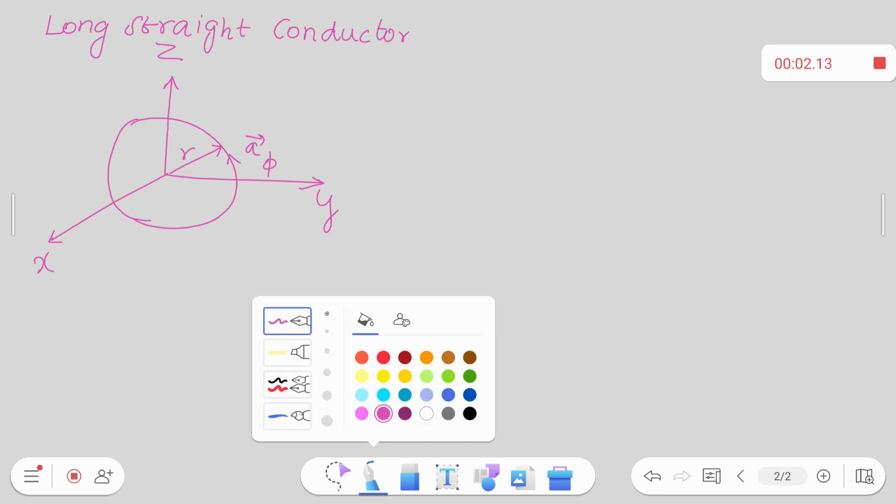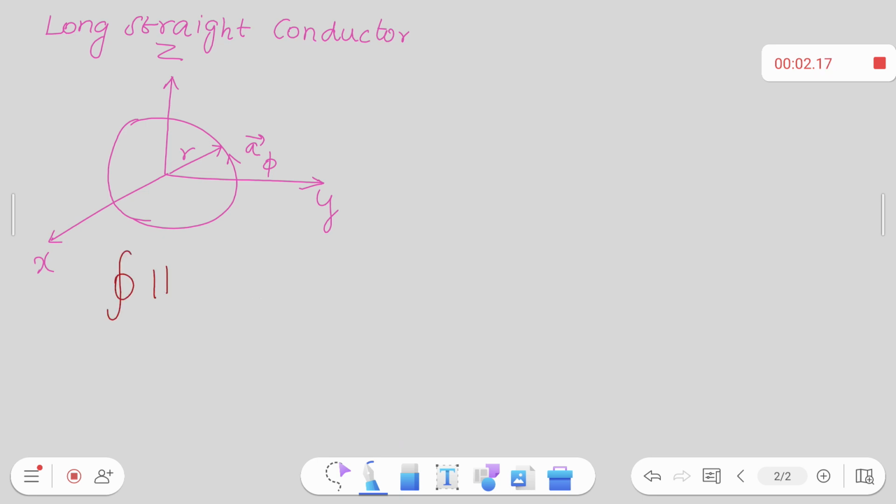So we know the statement, Ampere Circuital Law states H vector dot dl is equal to I. So we have taken the orientation along the phi direction, hence in a cylindrical coordinate system my differential length in the phi direction is given by r d phi a vector phi.